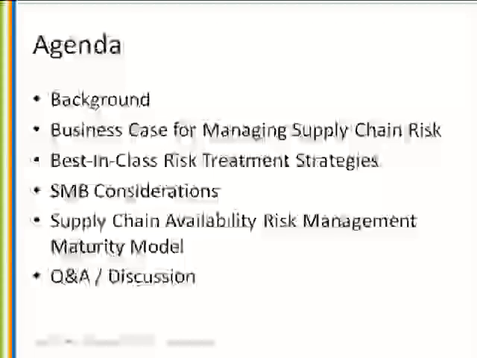In preparing for the webinar, we also thought it would be very important to talk about small business concerns and considerations in this space, primarily because there are so many small businesses that are proving to be critical suppliers and business partners of organizations today. And again, like larger businesses, they're just as susceptible, or maybe even more so, to disruption. And then lastly, as part of our conclusion, we're going to introduce briefly our supply chain availability risk management maturity model.